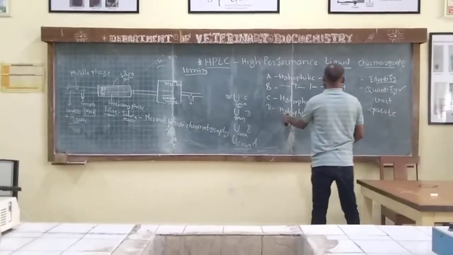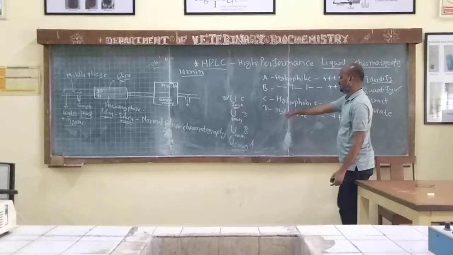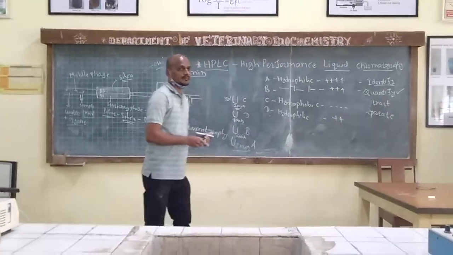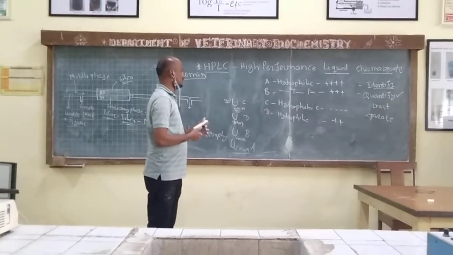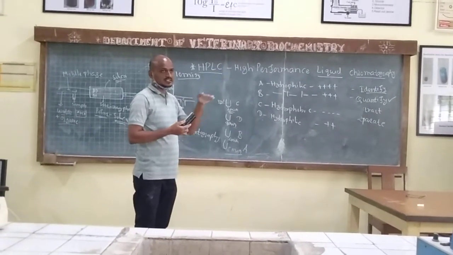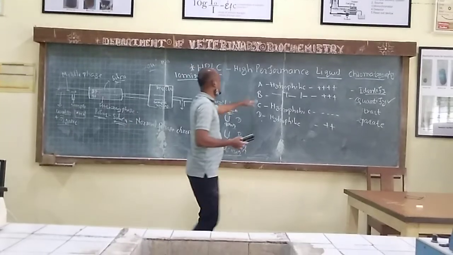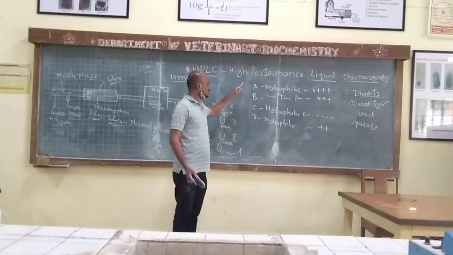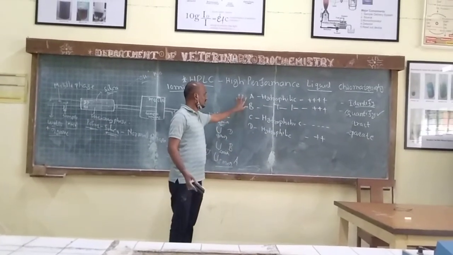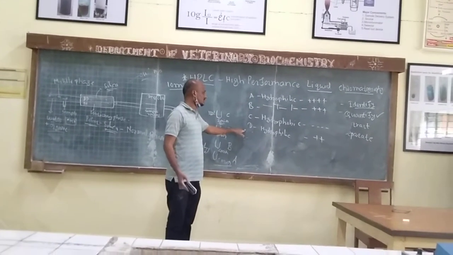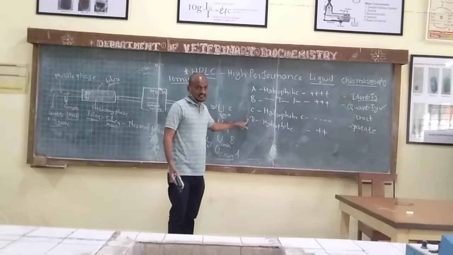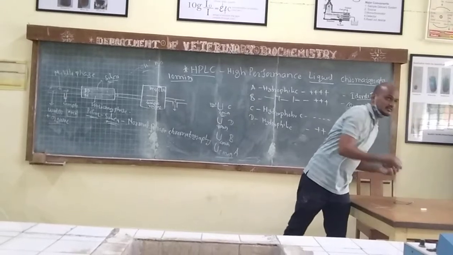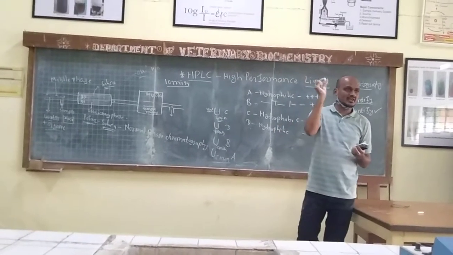Why will D come second? After 4 minutes, why will you get D? Because its hydrophilic nature is less than the other compounds. Okay, so we have plus plus plus plus. So this you can see it is very hydrophilic. It is comparatively less hydrophilic, and this is the least hydrophilic among A, B, D. So we expect. So C is done. Now A, B, D is there. The A is very much hydrophilic.